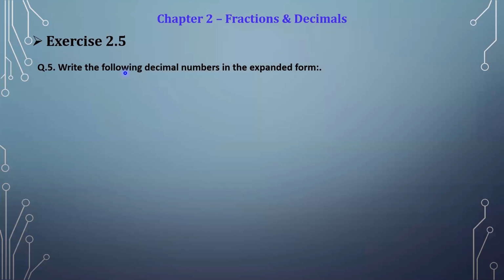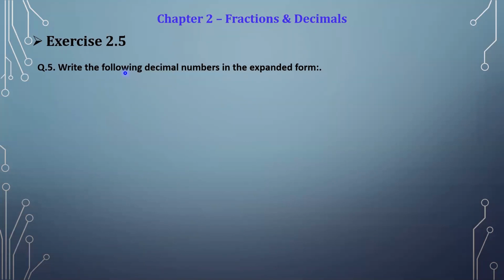Actually we are studying decimal numbers, and in that we have seen conversions, that means a whole number converted into decimal form by converting one unit into another, like millimeter into centimeter, centimeter into meter, meter into kilometer, gram into kilogram, or rupees into paise, paise into rupees.